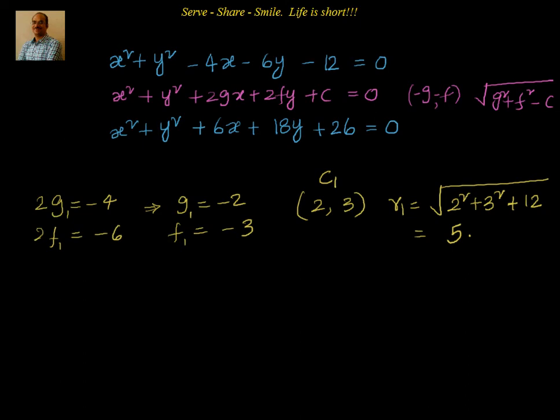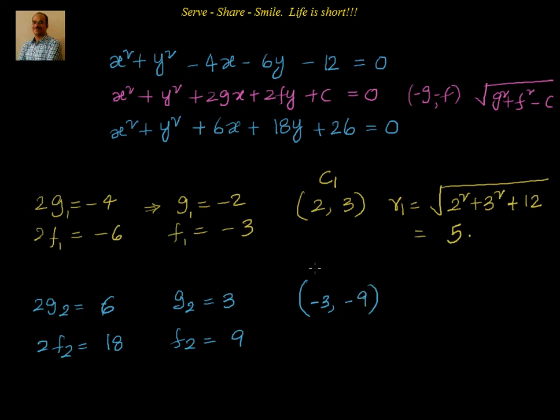Now let's go to the next circle. We know that 2g2 is equal to 6 and 2f2 is equal to 18. So g2 equal to 3 and f2 is equal to 9. Then the center is at (minus 3, minus 9), because it is minus g, minus f, and this is C2. And what is R2?